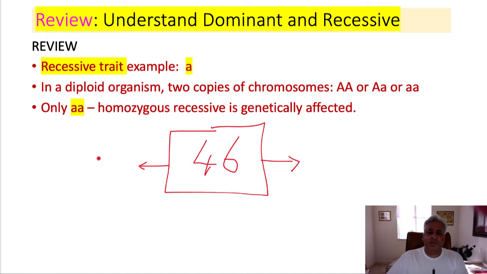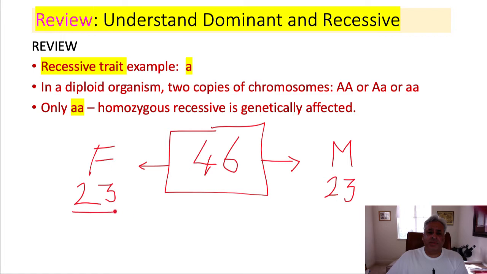So you got one copy of the text from your father, from your dad. That's called your one set. And then you got another copy from your mother. So this will represent half the number of pages. So this will be 23. So 23 chromosomes came from your father, and 23 chromosomes have come from your mother.